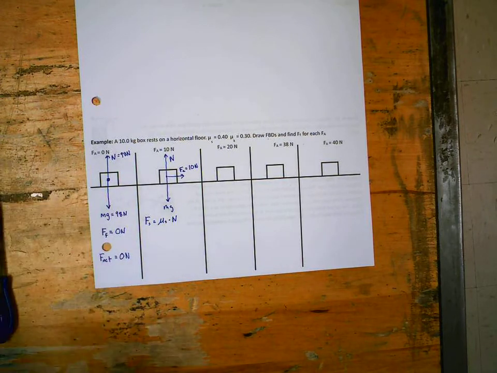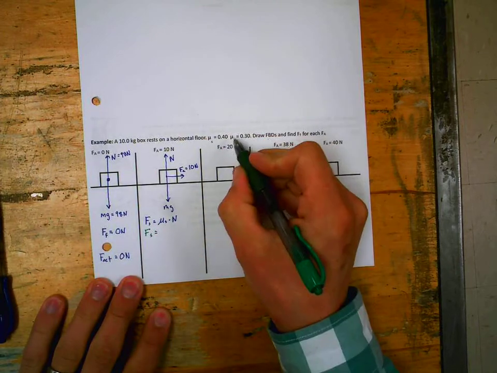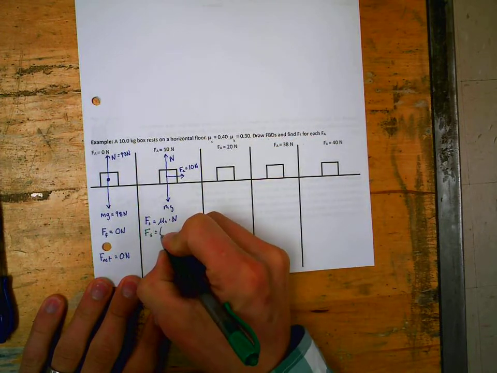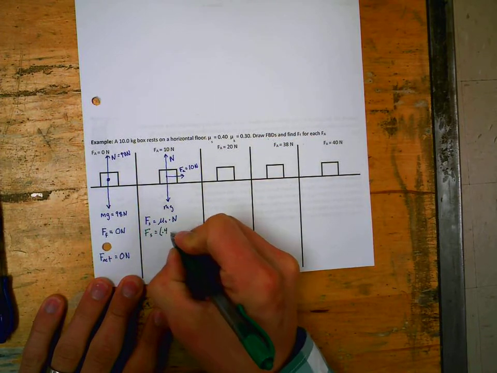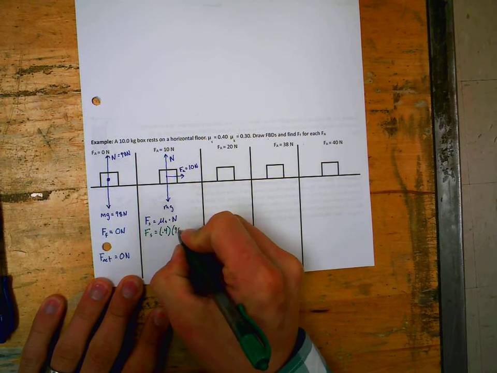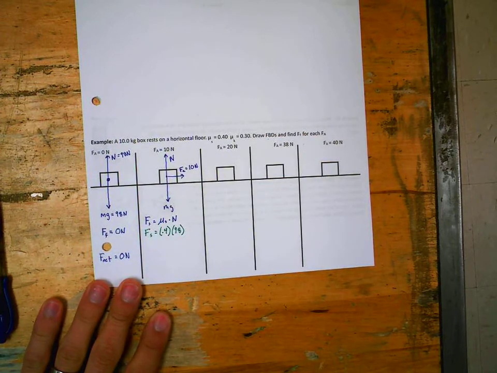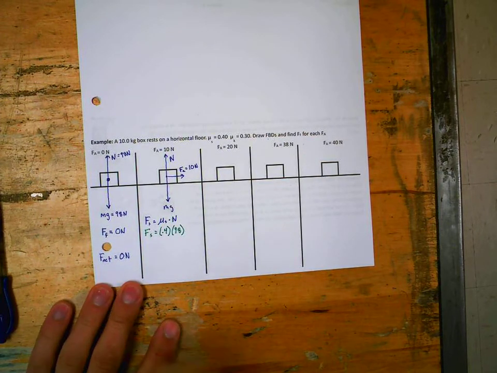Alright, let's plug in some numbers. Mu static is 0.4, and our normal force is 98 because it's just opposite mg.